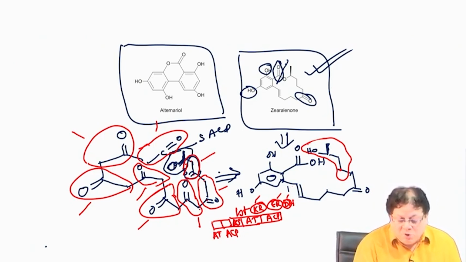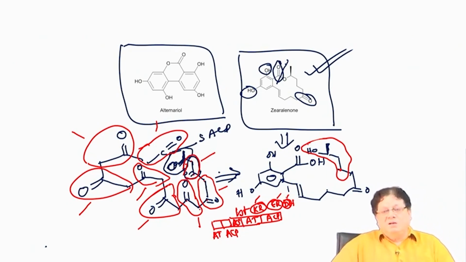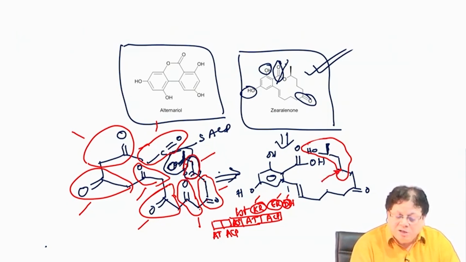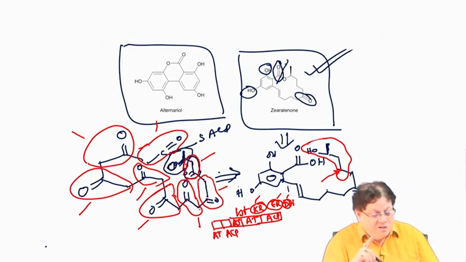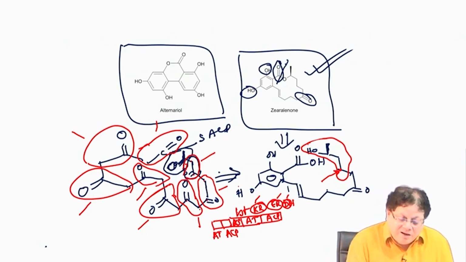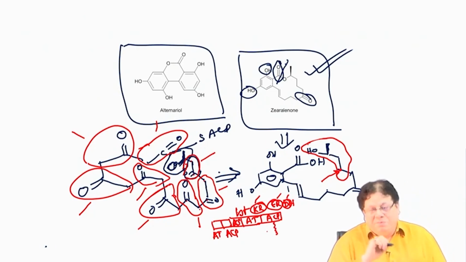The first module should have all the possible domains that are required, because it ends up as a saturated system. So, the carbonyl should be reduced. Initially it will be carbonyl, but then it will be reduced, then the alcohol is dehydrated, and then the enoyl compound is reduced by enoyl reductase. Okay. And all along it is held up by the ACP.